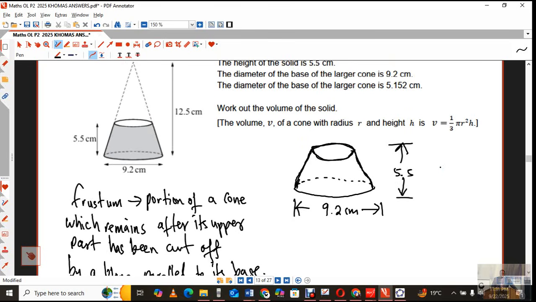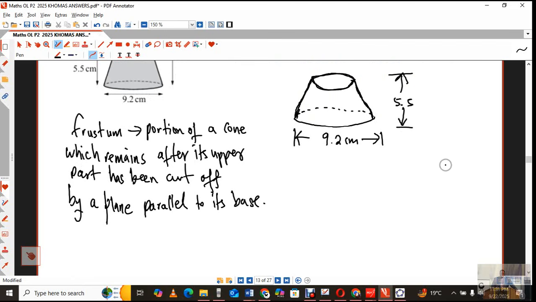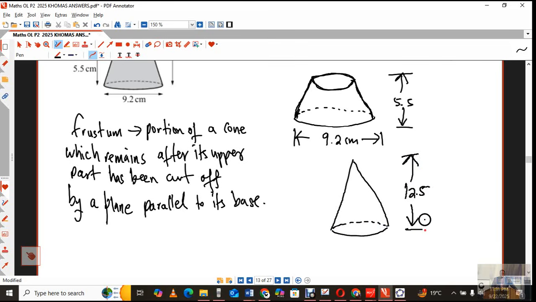Then we do have the cone as well. We have the whole cone, so to speak. So the whole cone is 12.5 centimeters.